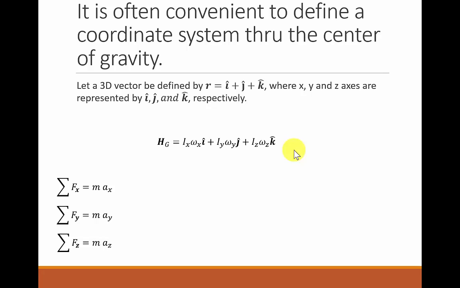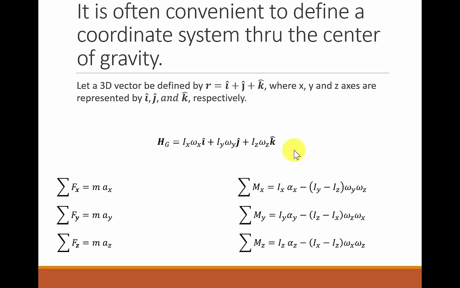The other set of working equations, again going back to the actual definition of Newton's second law, is what you're probably most familiar with seeing, which looks something more like this, where the sum of the moments is equal to the inertia times the angular acceleration in that direction.